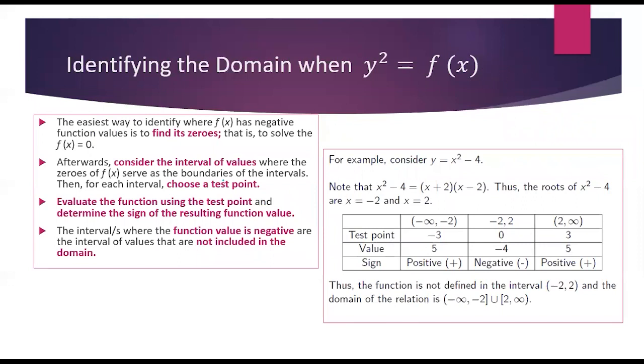After solving for the zeros of this particular function, you're going to construct the intervals of values wherein the zeros of f of x serve as the boundaries of the intervals. Then you're going to choose a test point. A test point is actually a number within the constructed interval.